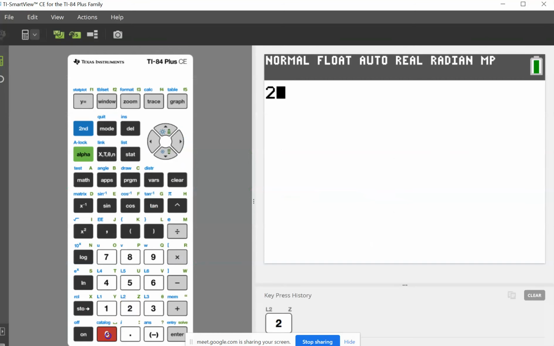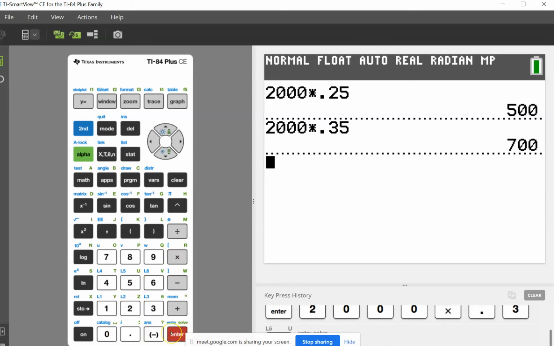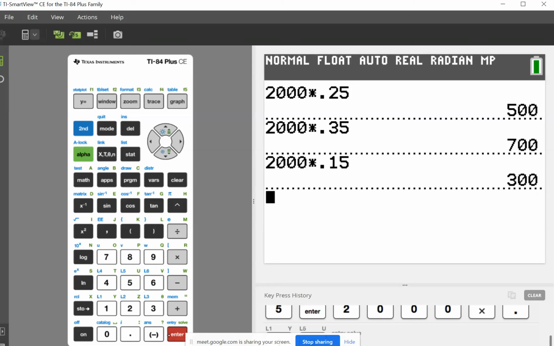So let's do 2,000 times 0.25, that's going to give us 500. If we do the 2,000 times the 0.35, that's going to give us 700. And the 2,000 times the 15% is going to give us 300.